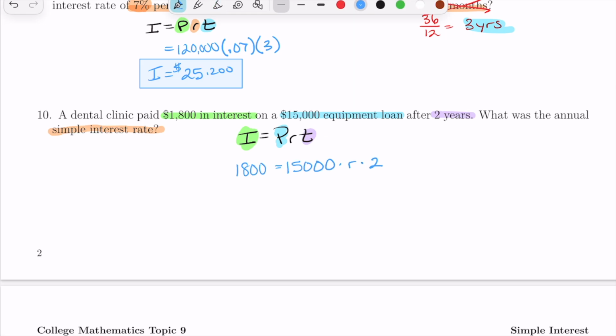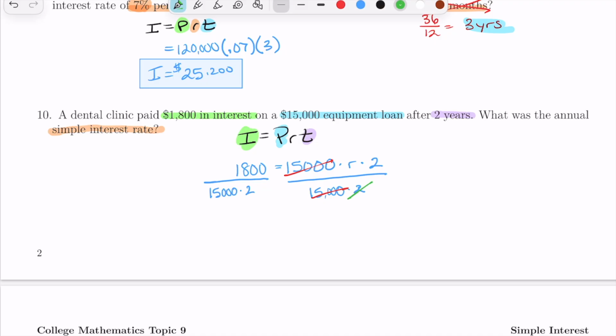So this time you'll notice I didn't solve for R first. This is what it looks like. If you just want to substitute all the numbers in, you can. Next, we'll divide this by 15,000 times 2 on both sides. That will allow the 15,000s to reduce out.